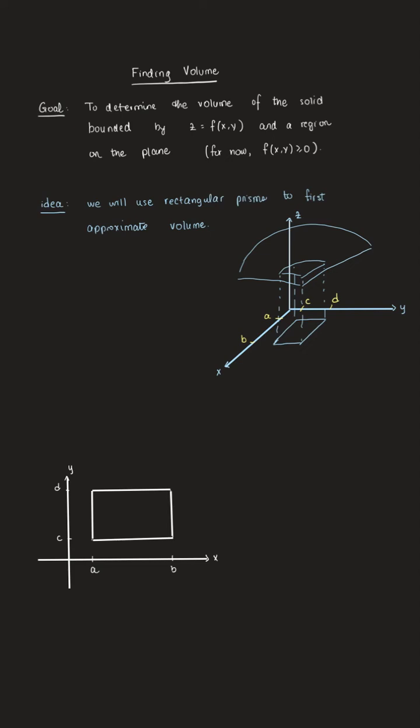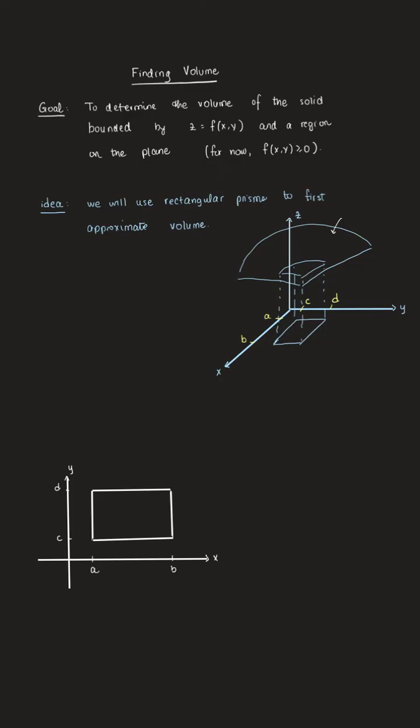So this is our first video for integration of multivariable functions. And our goal today will be to find the volume of a solid that's bounded by a surface, z equals f of x y, and a region on the xy plane. And you can see here I've drawn a little diagram of a surface in space.